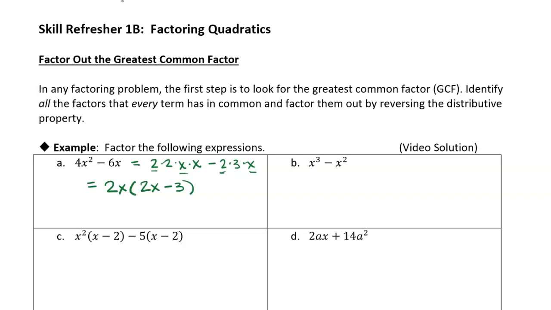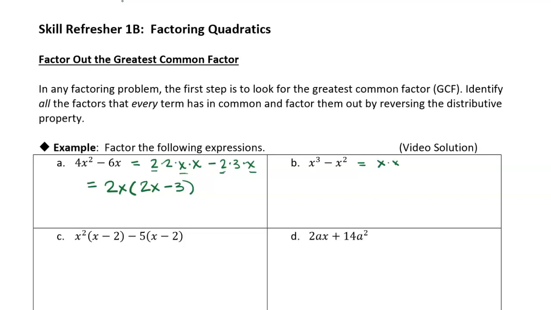So we're just looking for the greatest common factor between the terms of the expression, and trying to factor it out. Now you don't always have to write out all the factors in prime factor form. In fact, you probably usually will not do that, but I'll do that for the first couple here.